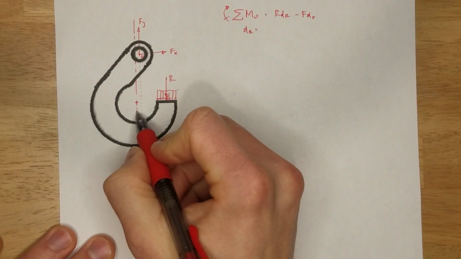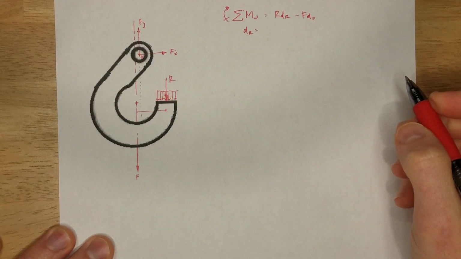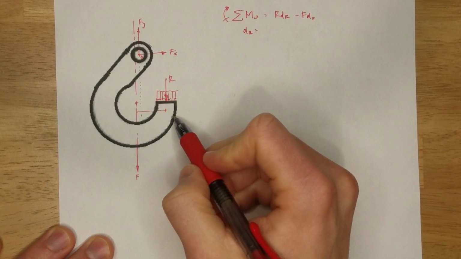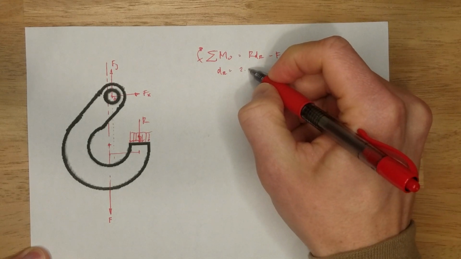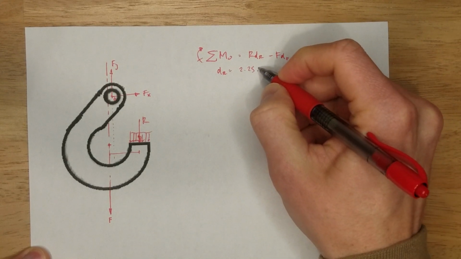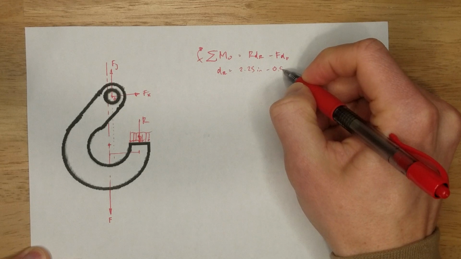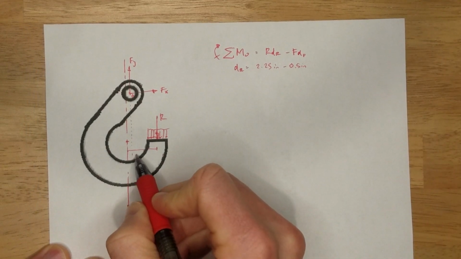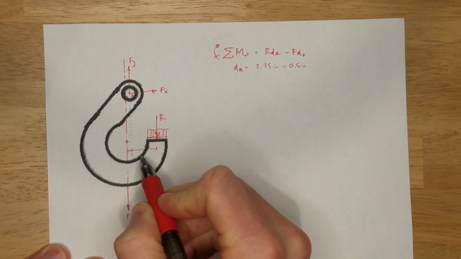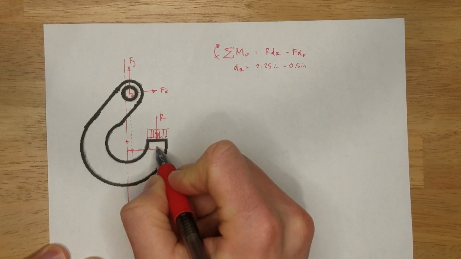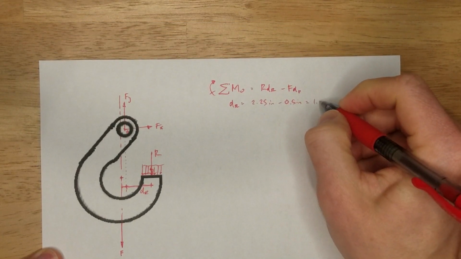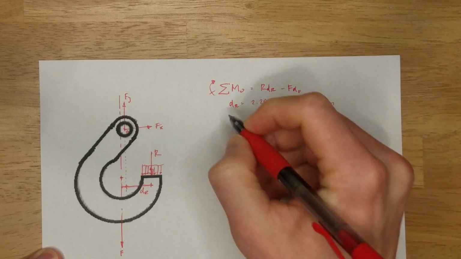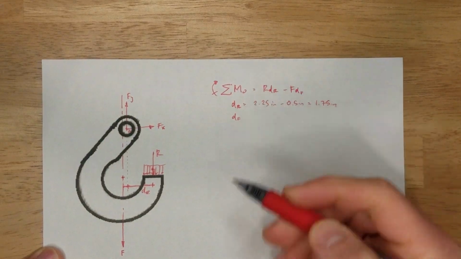So this distance is the average of 3 and 1.5, which is 2.25. And we have to account for our offset, which is 1/2 inch. I account for that offset. So this distance, that's dr, that is 1.75 inches. df, that's easy.